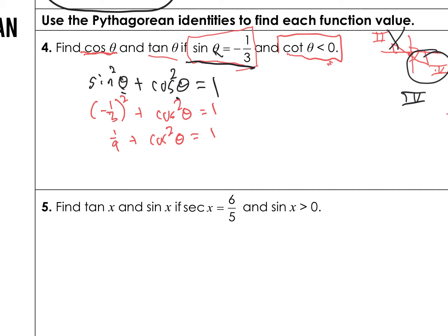Solve this for cosine squared theta. Cosine squared theta must be equal to 1 minus 1/9. Well, 1 is the same as 9/9, so 9/9 minus 1/9. That's going to be the same thing as 8/9.